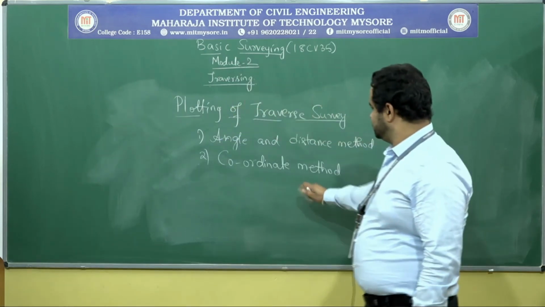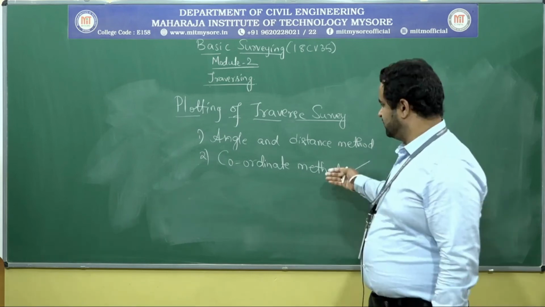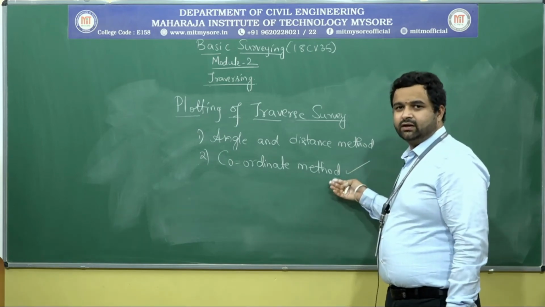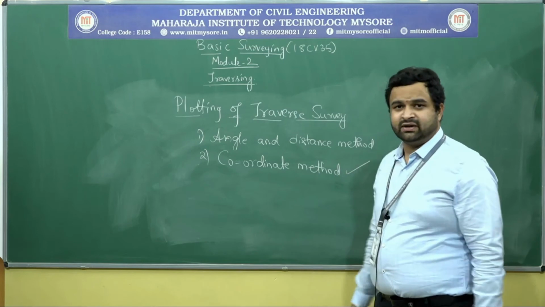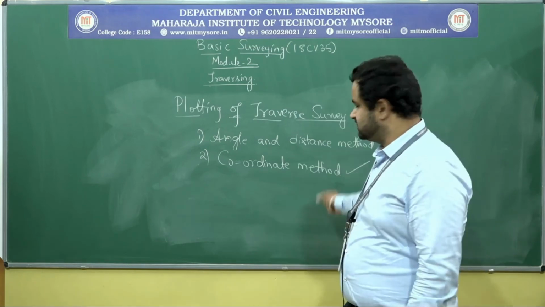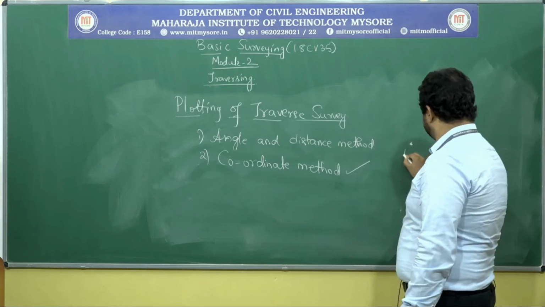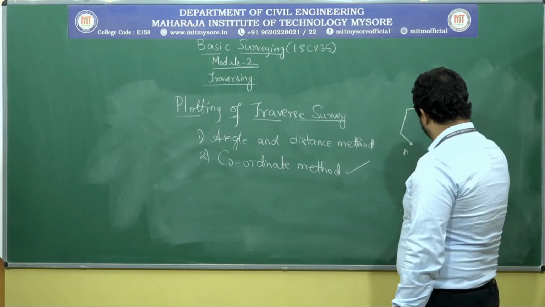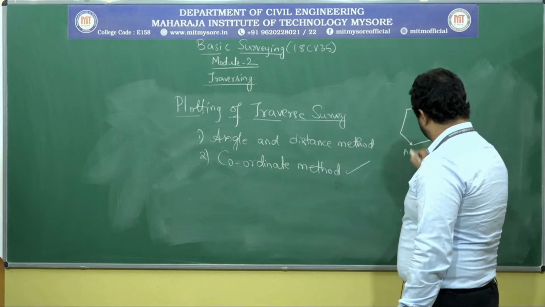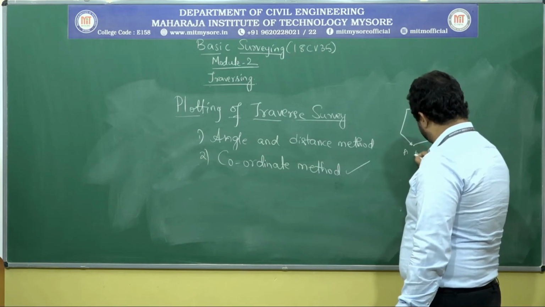So in this method, coordinate method, survey stations are plotted by calculating their coordinates. Okay. So the biggest advantage of this method of plotting is that the closing error, that is, start from A and end nearer to A, is nothing but the closing error.